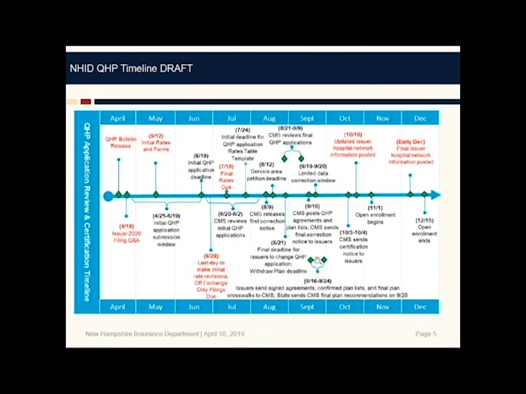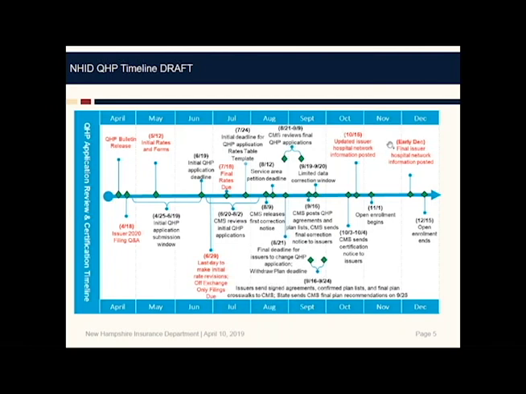CMS will be sending out the certificate notices on October 3rd and October 4th. In regards to the hospital network, the insurance department will be posting the update on October 15th, with the final posting of the hospital networks sometime in early December.